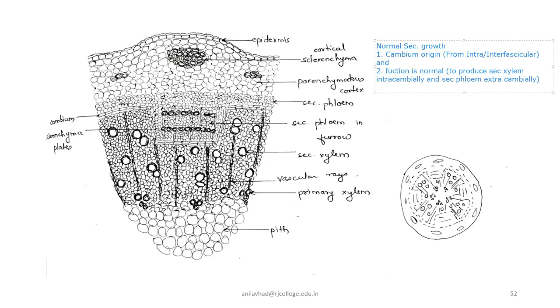As a result of this peculiar structure, a ridged and furrowed xylem cylinder is formed. The depth of this particular groove goes on increasing as more and more secondary growth takes place. Now the question arises, why is this happening? Is there any reason behind it?